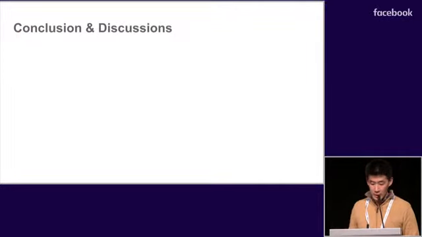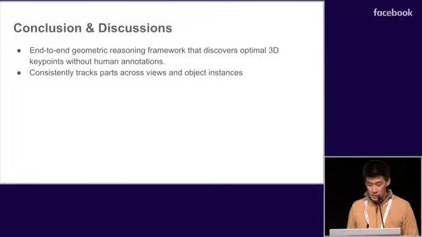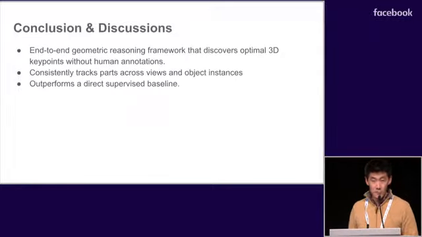To conclude, we explore the possibility of optimizing latent key points through an end-to-end geometric reasoning framework by taking into account the downstream task. Our network predicts semantically consistent key points across viewing angles and object instances and outperforms a supervised baseline on the task of pose estimation.